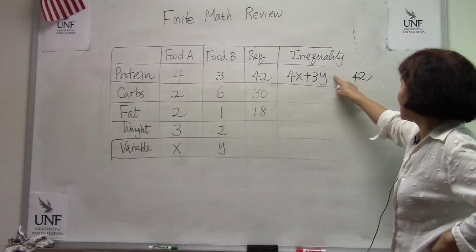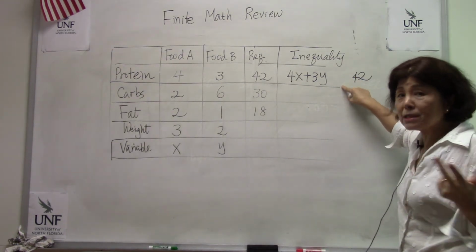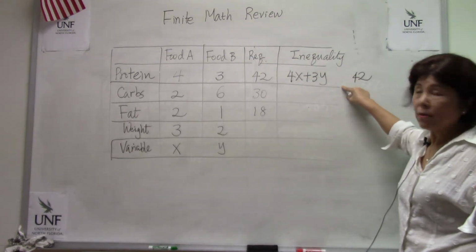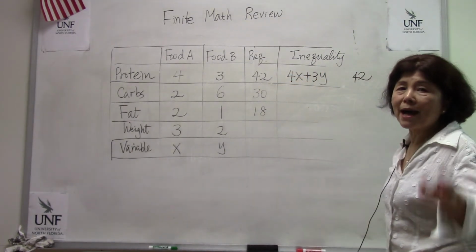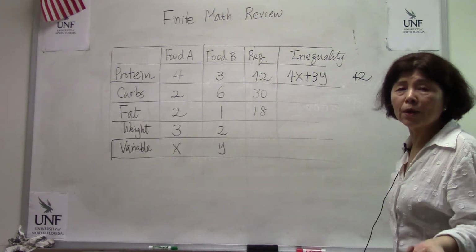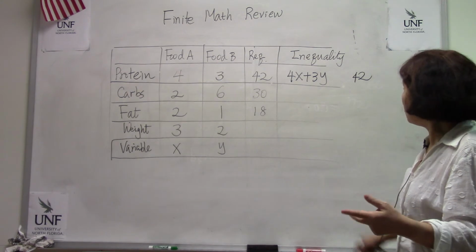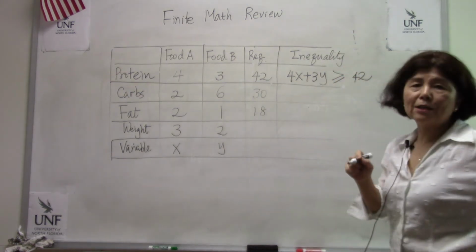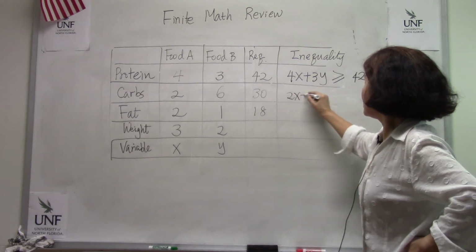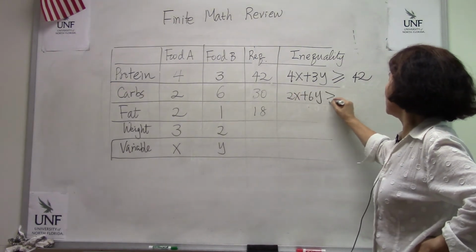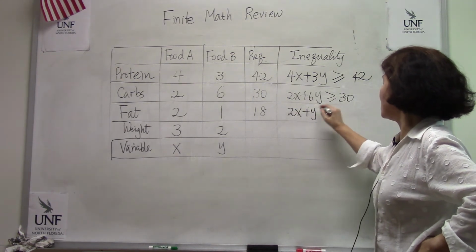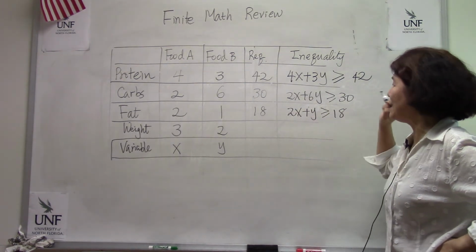Would you like less than or equal to? That leaves a possibility for just offering what? 40 units? No. 42 units are required. So you can go over and offer 44 units, that's okay, but not 40, so it has to be greater than or equal to 42. Now over here, 2x plus 6y is greater than or equal to 30, and 2x plus y is greater than or equal to 18.